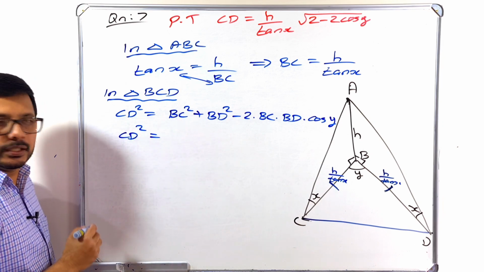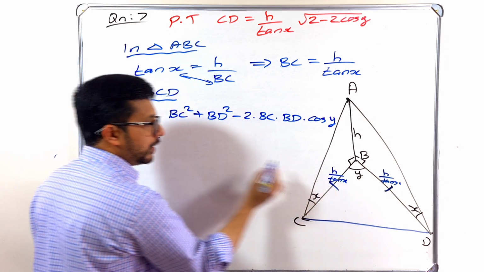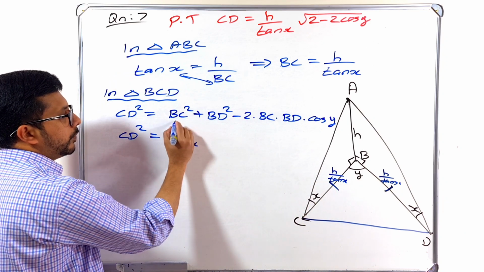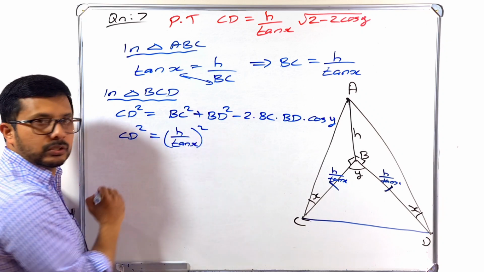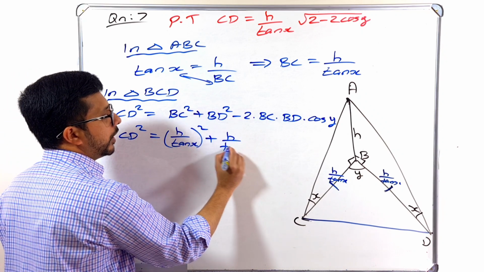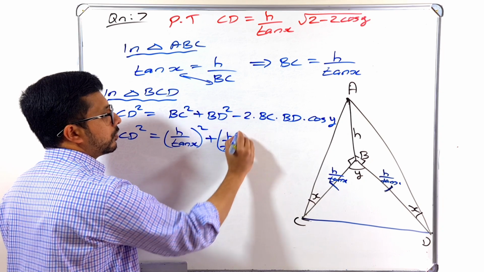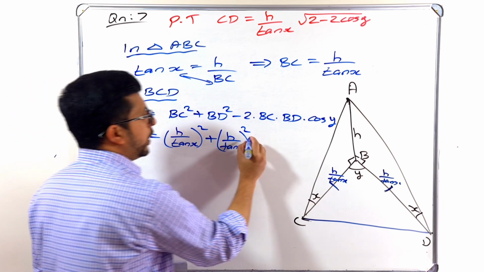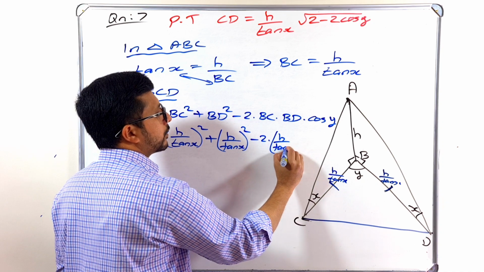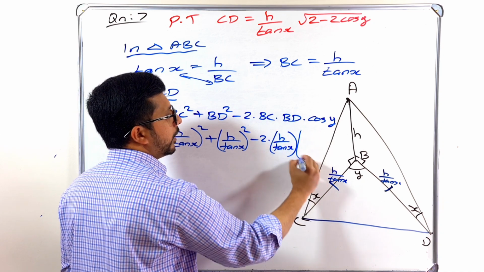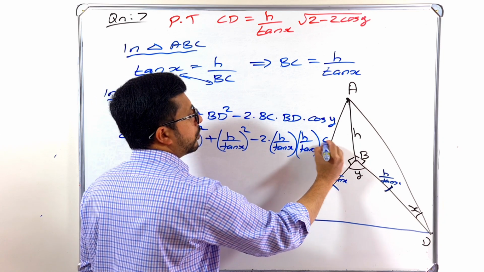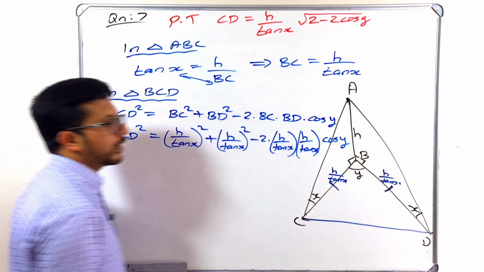Then what is BC? We already proved that BC is h by tan x. So BC square is (h by tan x) square, plus BD, that is also h by tan x, squared, minus 2 into h by tan x into h by tan x into cos of y.